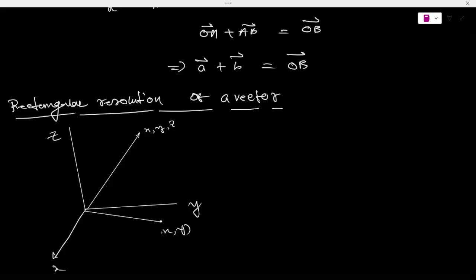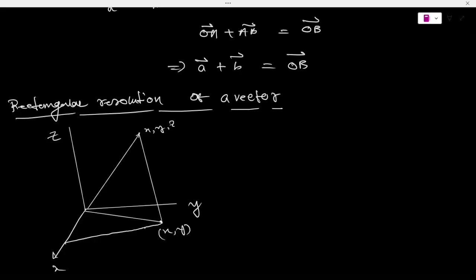This name is x comma y, and this is x, y, z, connecting with a point A here. So connecting the x, y, z point to the x, y plane.